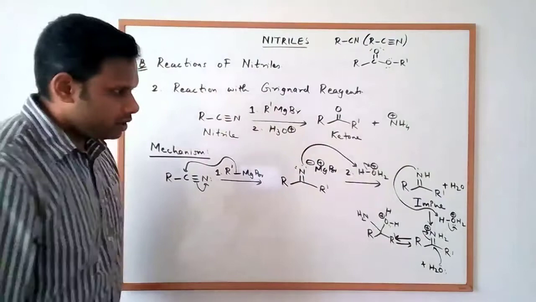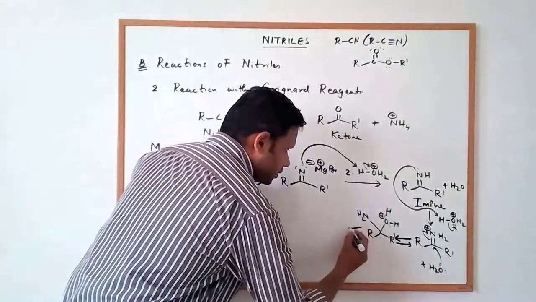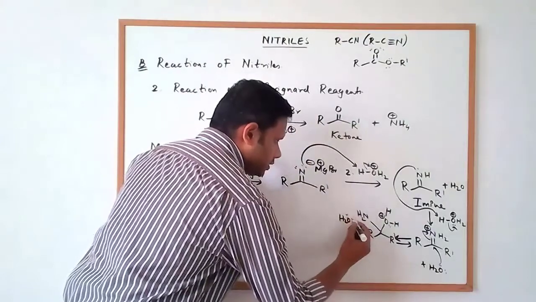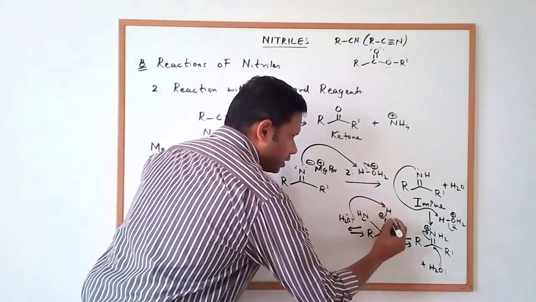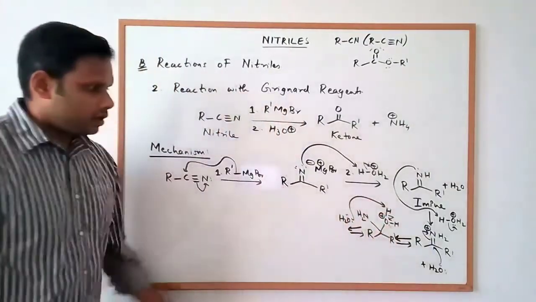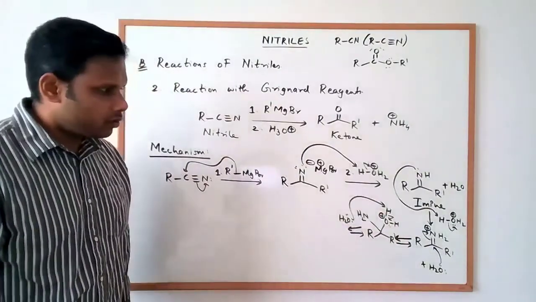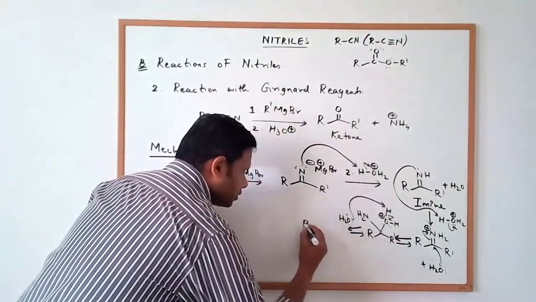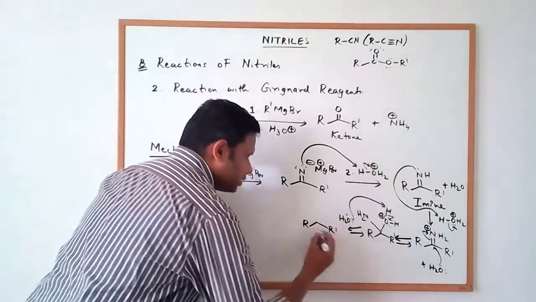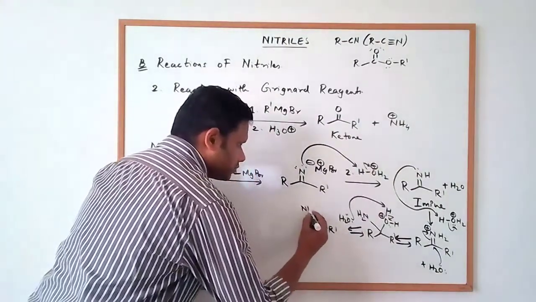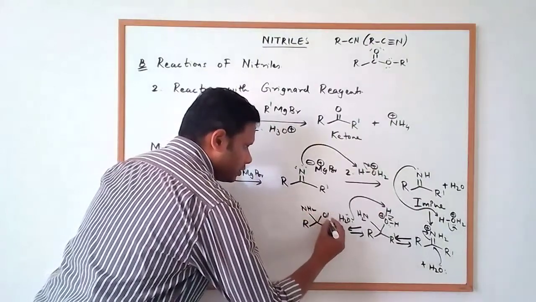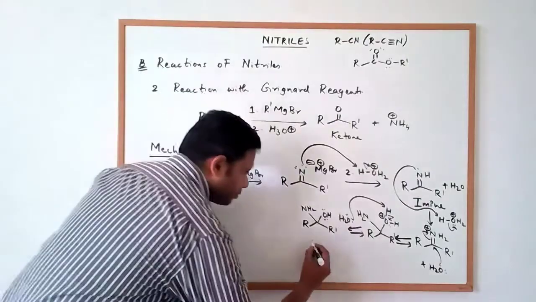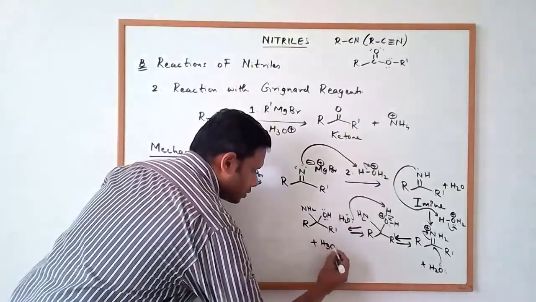We get that intermediate. And since the conditions here are aqueous, this intermediate can be deprotonated by water. Another molecule of water can come and deprotonate that intermediate, and that would take us forward to the next intermediate here, which will be NH2 with a hydroxyl group on that carbon, plus H3O+.